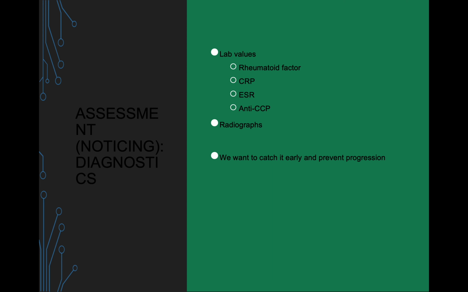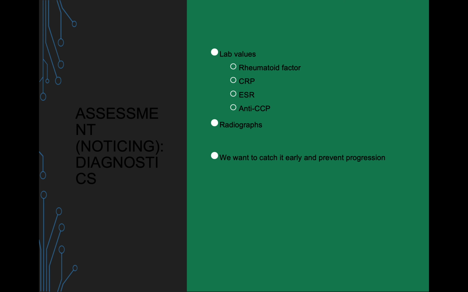We talked about some of these labs early on when we talked about the immune system, and there's really not one lab here that diagnoses rheumatoid arthritis. A provider is going to look at the whole picture and consider not only laboratory tests, but screening tools and history and things like that.